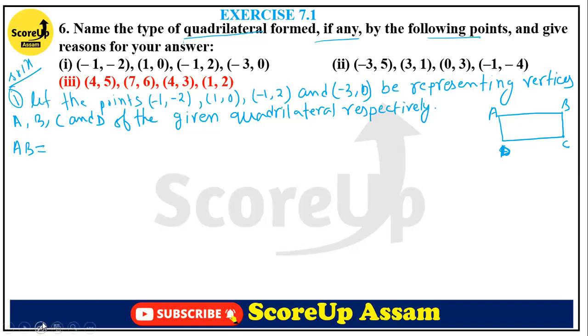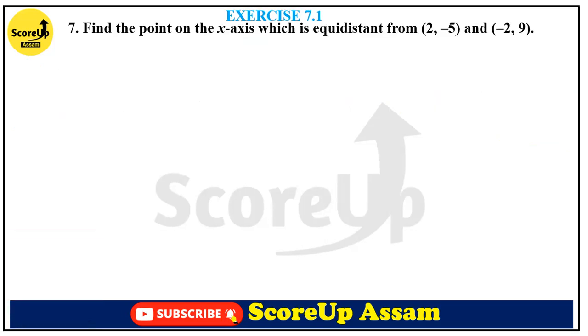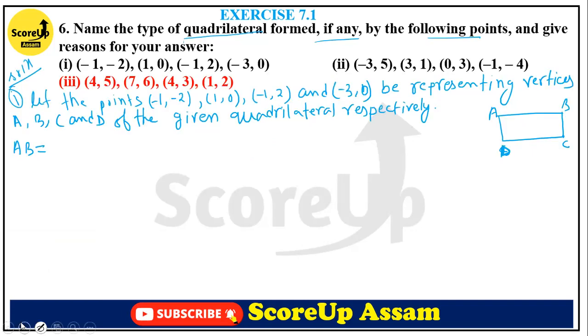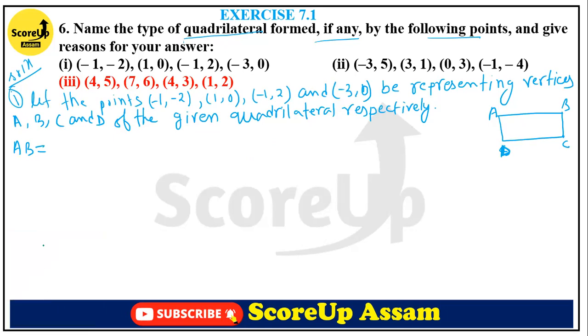So AB will be what? So we are solving this. This is our A, this is our B, this is our C, this is our D.